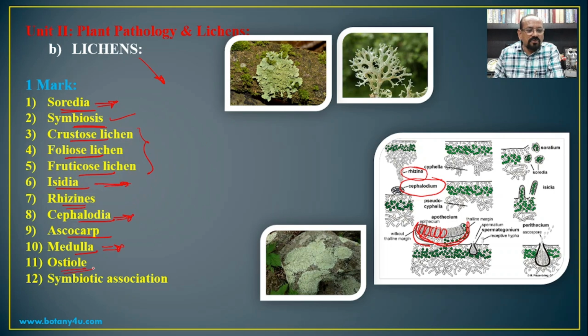Then ostiole. If you see the structure of the female reproductive organ or the male reproductive organ, basically the male reproductive organ, there is a pore on the terminal side, and such a pore is known as the ostiole.